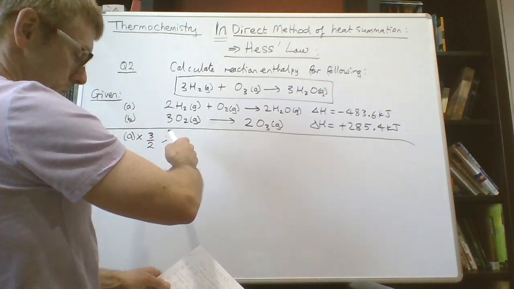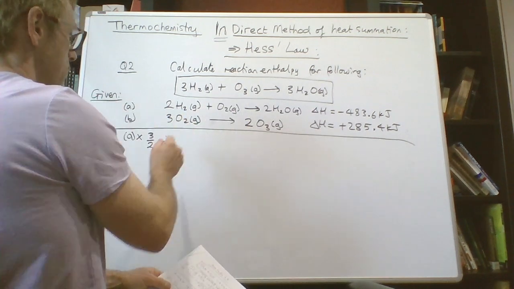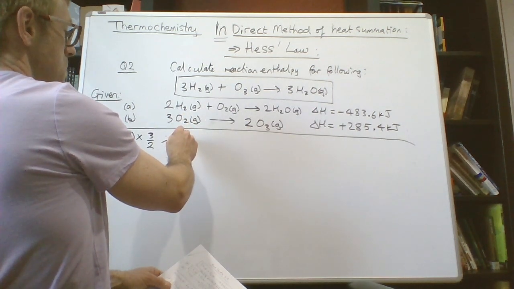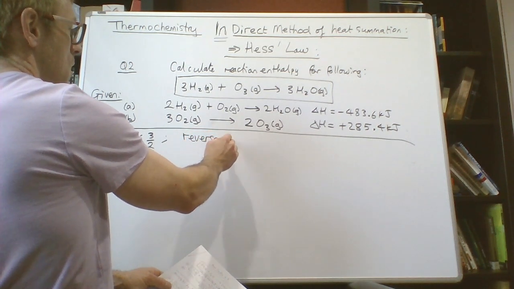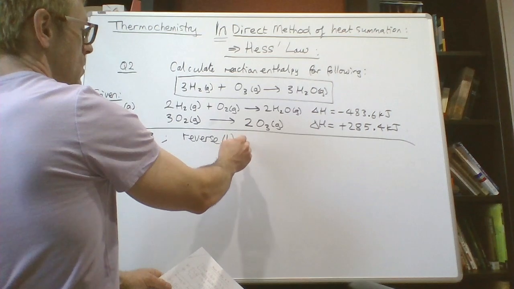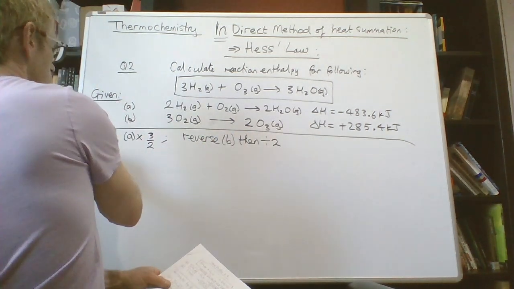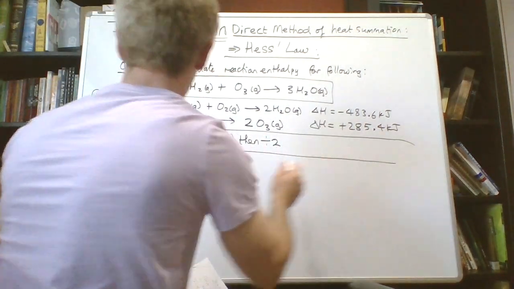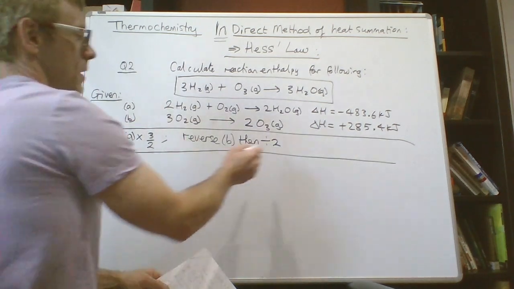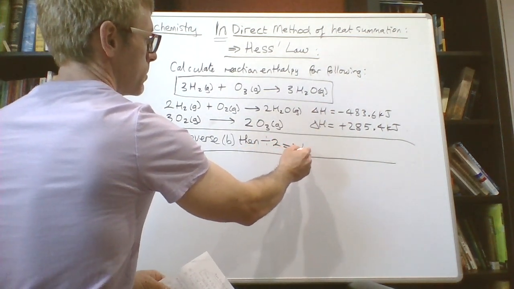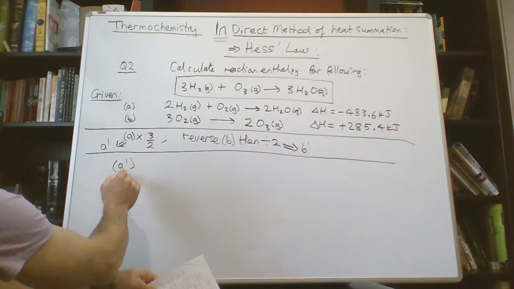So I need to reverse B, and then I need to divide by 2 because I only need 1 ozone and I have 2. So I need to reverse B, then divide by 2. Let's say this is going to give me A prime, and this is going to give me B prime.